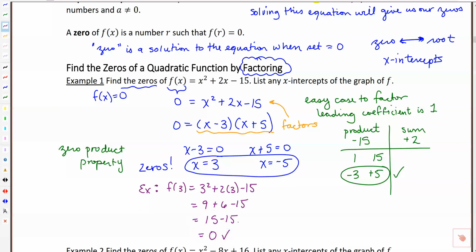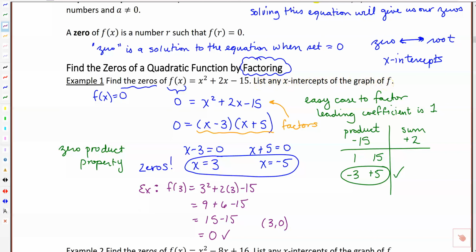Now this actually then also ties into an ordered pair. I input 3 in my function and I got a 0 out. We can write that input-output relationship as an ordered pair. The ordered pair would be 3, 0. So then to go to the last part of this question, list any x-intercepts of the graph.